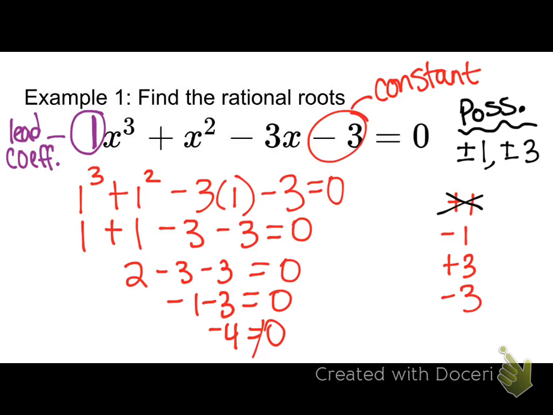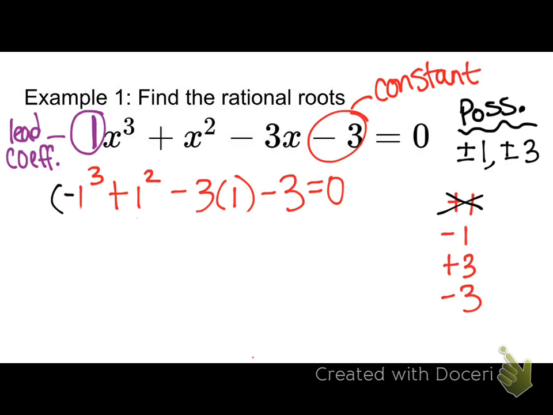Questions about that? Okay, so now we move on to the next number. All right, so now we've got to do it with a negative 1. So I am going to erase most of this.